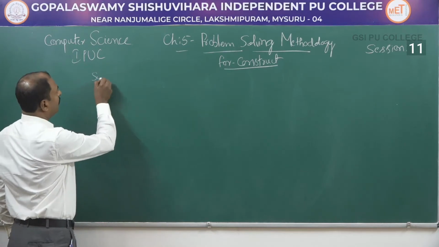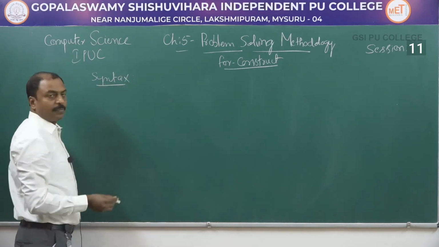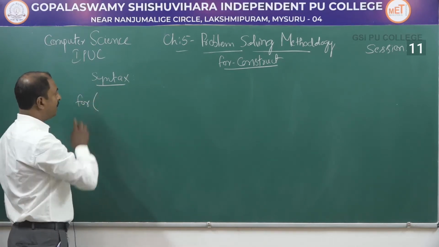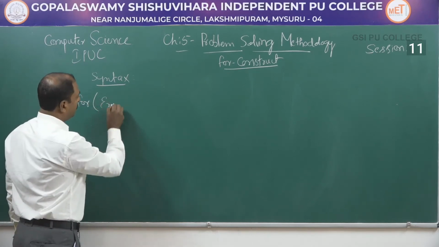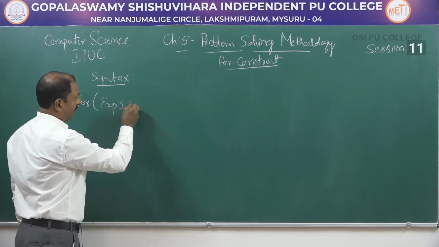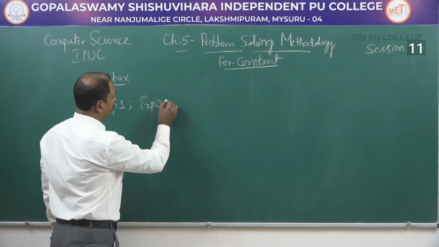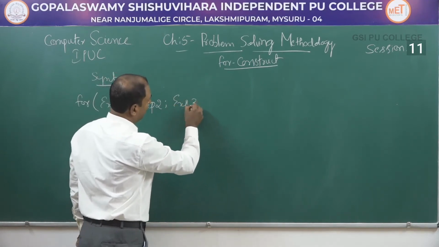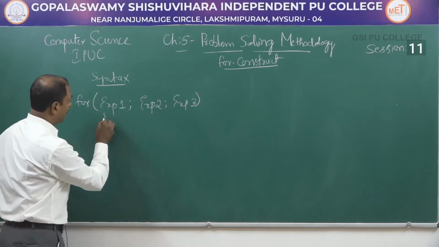The general form or syntax of the for construct will be like this. It starts with the reserved word for, and here expression 1 semicolon, expression 2 semicolon, and expression 3, close the bracket, then open this bracket here.